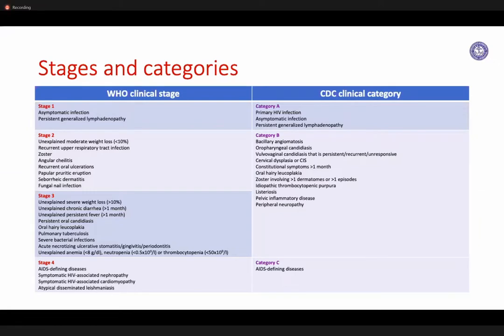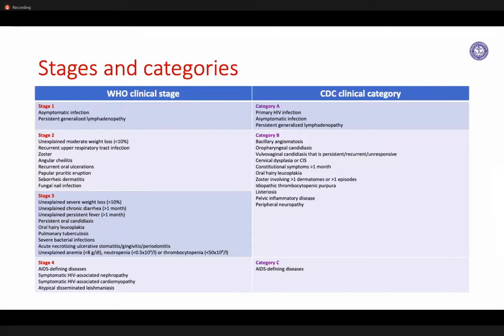Basically, the CDC USA categorization uses infections or presentations which are common in the USA, but they're not common elsewhere in the world. Take for example, in category B, the first disease is called bacillary angiomatosis. That's a very rare bacterial infection which is found due to a rickets organism called anaplasma, which was initially found among the urban poor, the homeless people in New York.